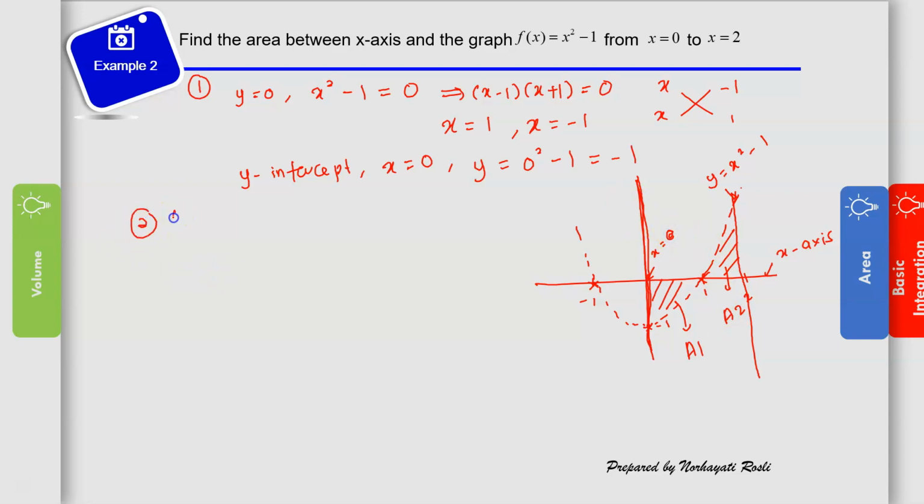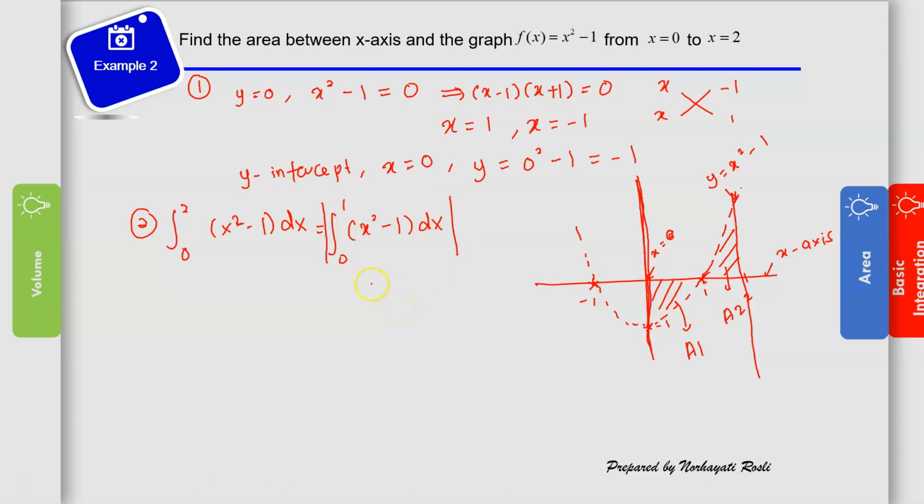How to compute this area? So our step number 2, we need to integrate from a to b, so 0 to 2, f(x), x squared minus 1 dx. But now, remember, you have to do it separately because we have two regions. So class, for this one, it is equal to the integration from 0 to 1 of x squared minus 1 dx. Remember, this one is below the x-axis, so we put here absolute value because we want to ignore the negative sign.